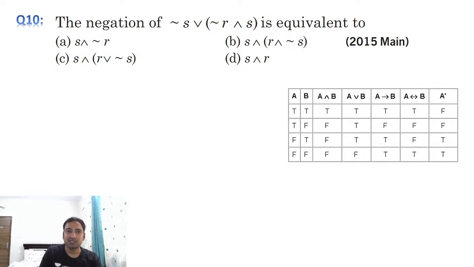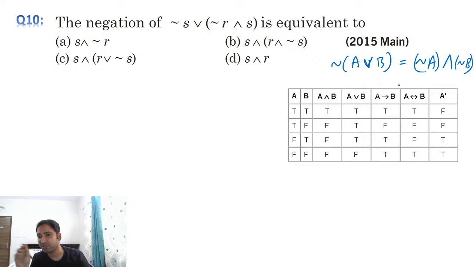Why? Because see, we have two De Morgan laws. Negation of A or B is equal to negation of A and negation of B. This is one property we have.